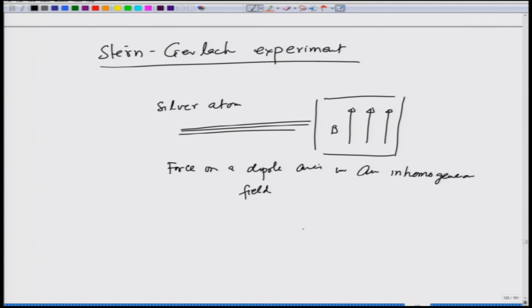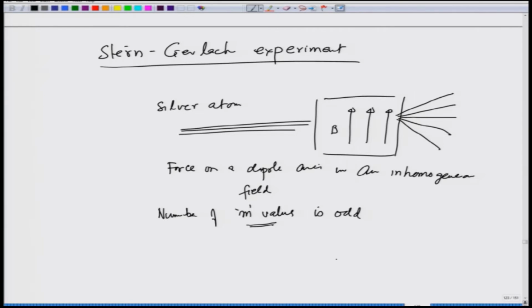So, if the number of m values, that is the z component of angular momentum, is odd, what they would expect to see is that the number of lines should be odd, right. Because if I put something in a magnetic field, the levels split according to the m values.